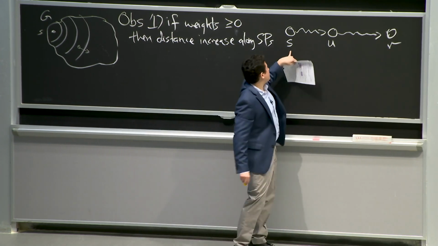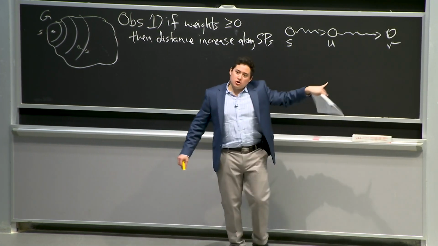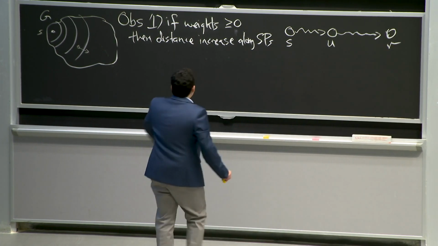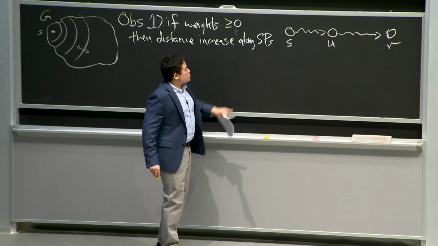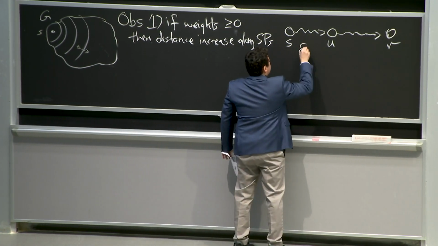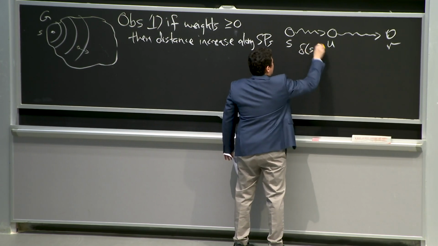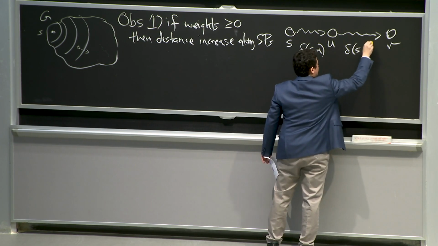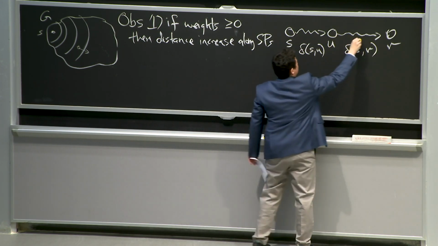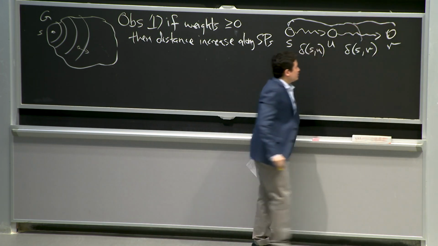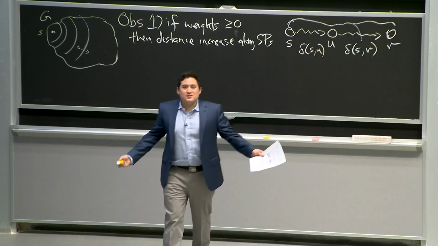This is the shortest path from S to V, and it goes through some vertex U. Then this monotonicity, more specifically, means that the shortest path from S to U and the shortest path from S to V, which is this whole thing, how do these relate to each other?